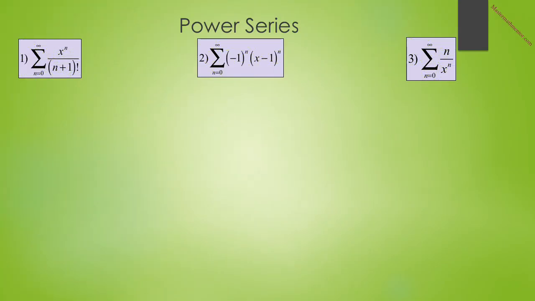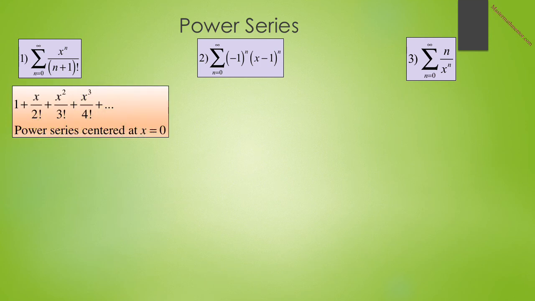In the first three problems, you are given an infinite series. You are to expand the series and decide whether it is a power series, and if so, determine its center. Number 1 is summation n equals 0 to infinity of x to the n over n plus 1 factorial.